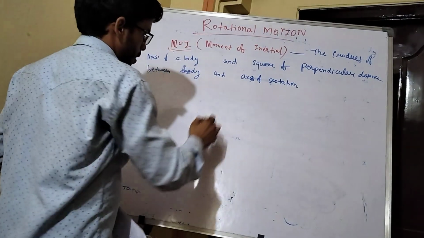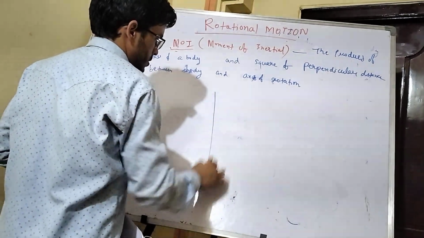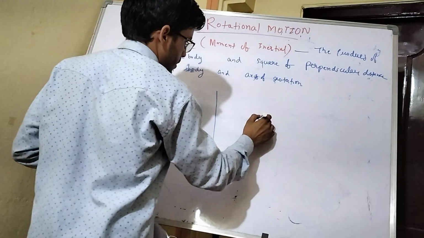See, first I want to draw here: this is the axis of rotation and one particle is present here.